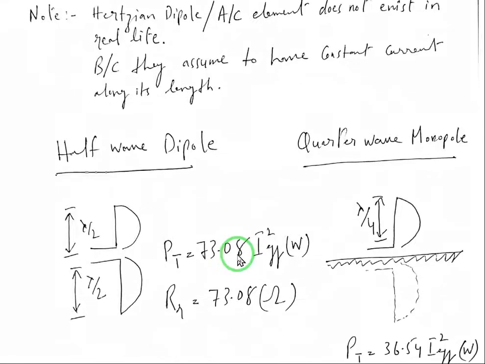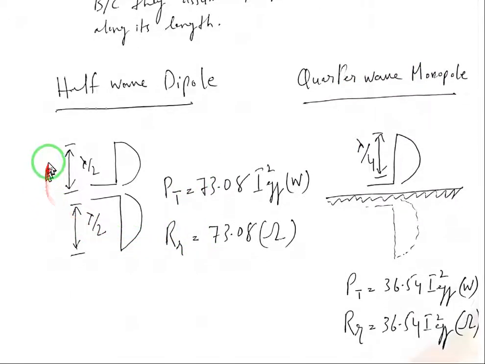Next is the equations of power for half-wave dipole and quarter-wave monopole. The half-wave dipole is defined as this in the diagram.